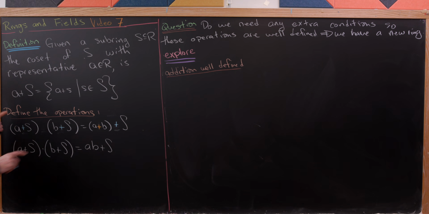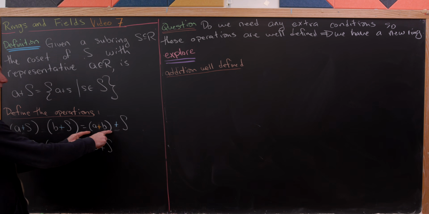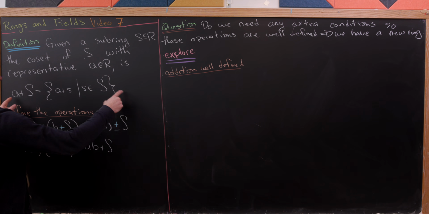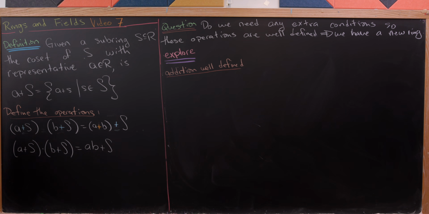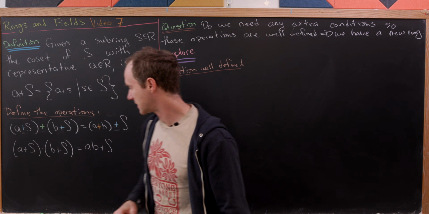So A plus S is this coset defined up here. B plus S is the coset defined here with B's. And then A plus B plus S is again the coset we're defining up here, but just with A plus B. And then finally, this addition here that I'm putting in green is the new operation that we're defining.